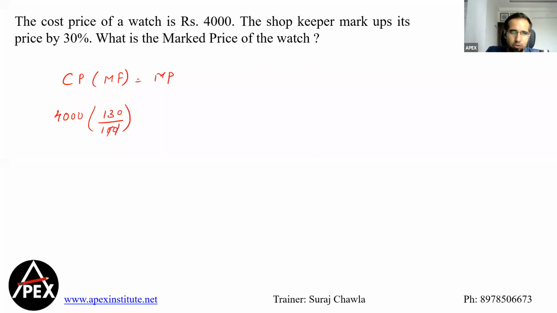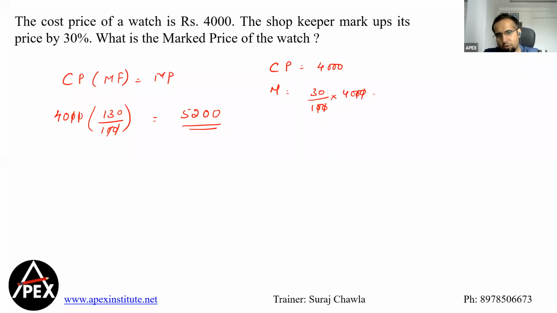So 00 gets cancelled. 13 4s are 52. So 5,200 becomes your mark price. You want a basic method? Basic method: markup is 30% of 4,000. 00 goes off, so markup is equal to 1,200. Therefore, mark price is equal to 5,200. Clear, guys?